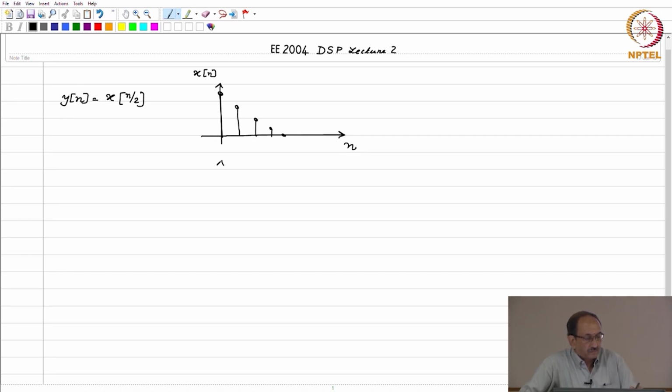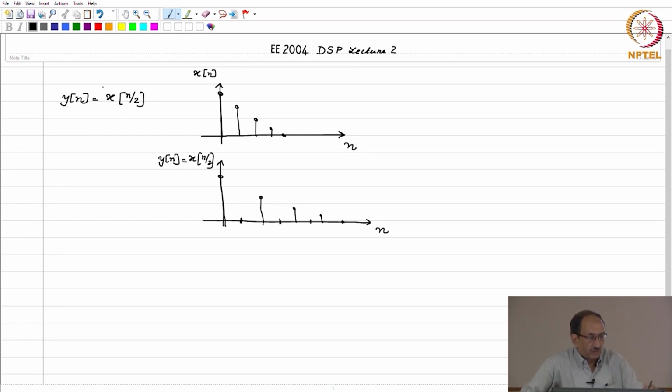And then y of n, which was x of n by 2, I am drawing a rough sketch here, and at these indices things were not defined.